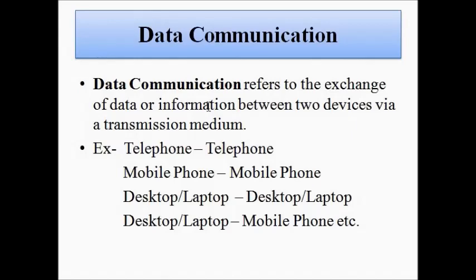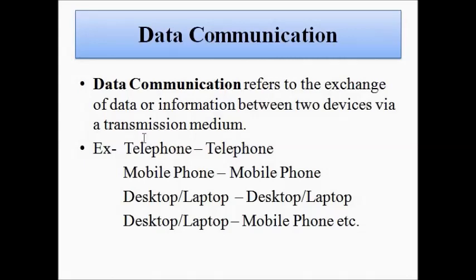The form of data transmitted from the sender to the receiver is agreed upon by both the parties. We'll get to that. So data communication refers to the exchange or sharing of data or information between two devices via a transmission medium. We'll also discuss the transmission medium in brief.